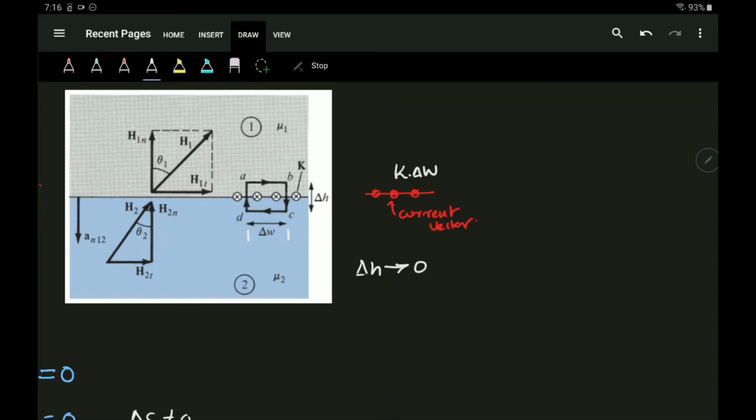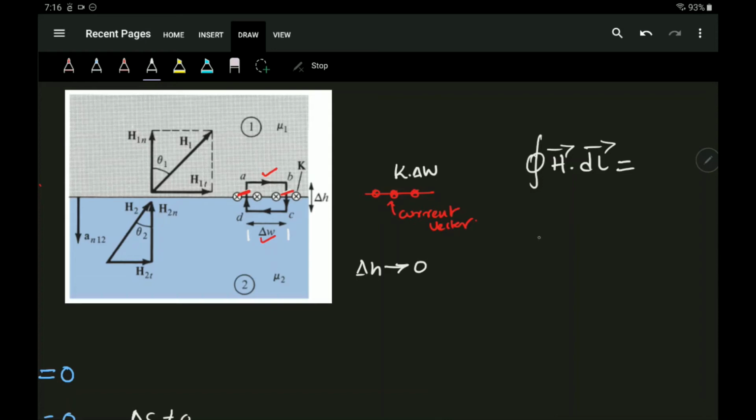So the vertical components will get cancelled off, or will not have any effect, and we'll only have the effect of the width. The height will not be there. On solving this, the closed loop integral of H dot dl can simply be written with only the tangential parts available, that is a to b and c to d.